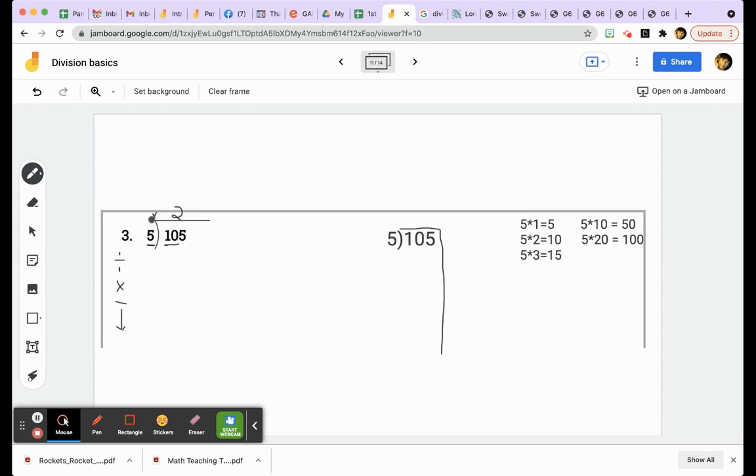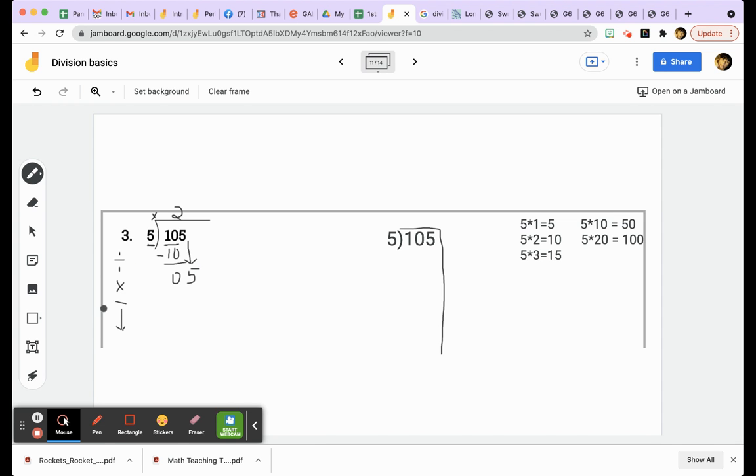Then I'm going to multiply back. 2 times 5 is 10. After I multiply back, I subtract. 10 subtract 10 is 0. After I subtract, I bring down. I bring down the 5, and I write the 5 next to the 0.